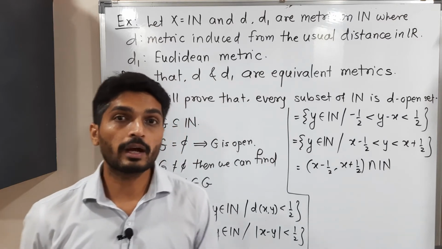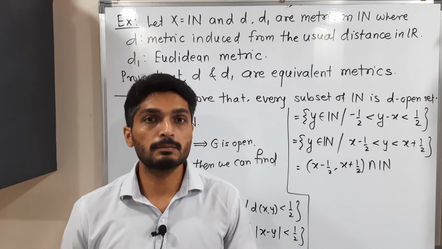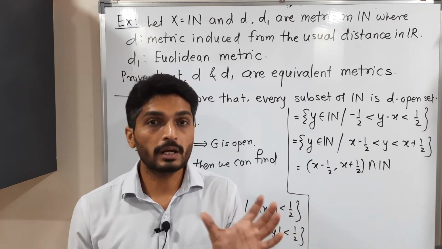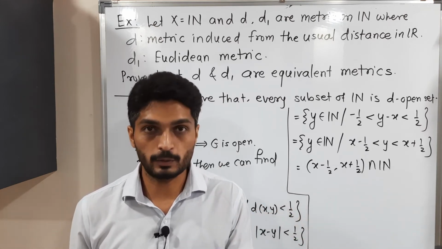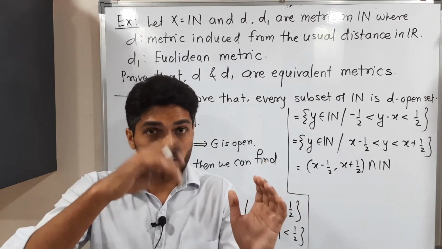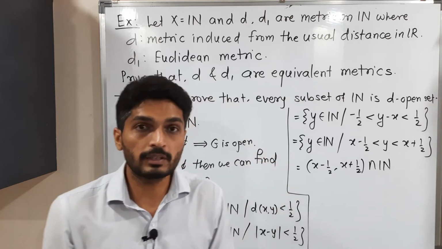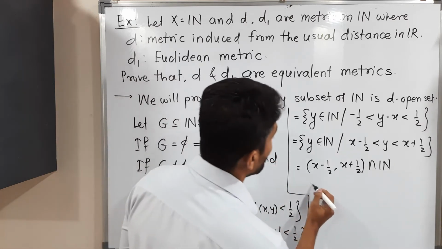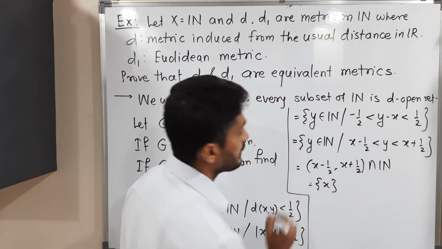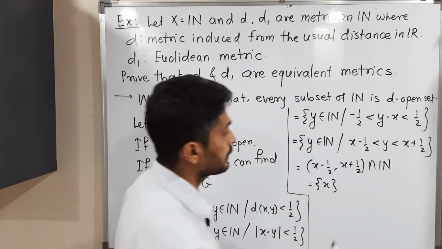You know that if you have any natural number, suppose 5, what are its nearest natural numbers? 6 and 4, which are at distance 1 from 5. Similarly, if you consider an interval having center x, which is a natural number, and radius 1/2, then definitely there is only one point which lies inside this set, that is x itself. There will not be any other natural number. I will show you here.